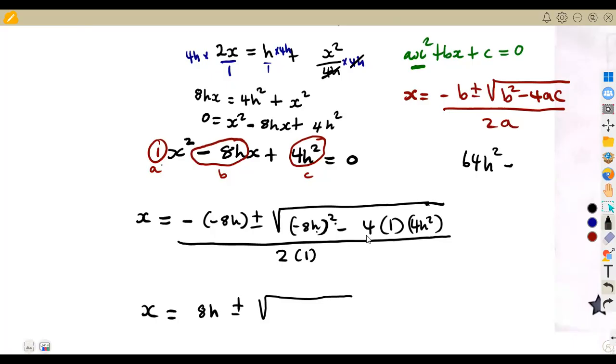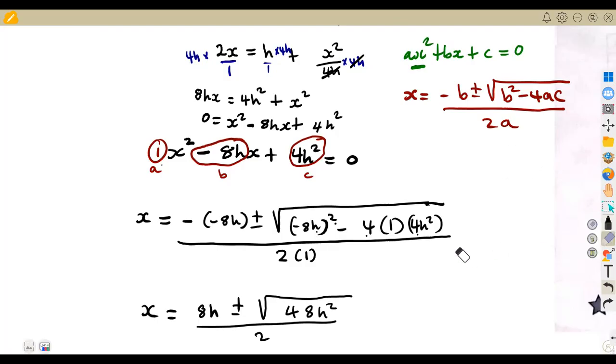Minus, if you multiply this 4 times 4, that will be 16h squared. Then we can subtract 64 minus 16, which is going to give us 48h squared. So the whole of this part under the square root is going to give us 48h squared, everything over 2 in this case. That is 2 times 1, which is a 2.